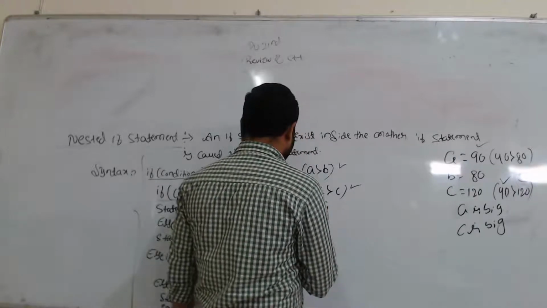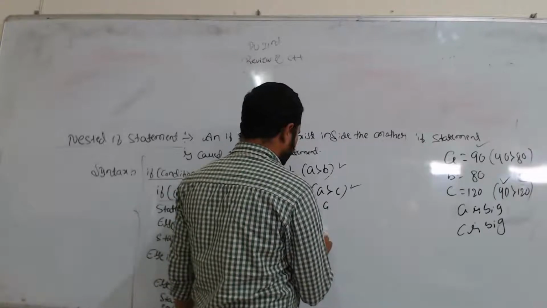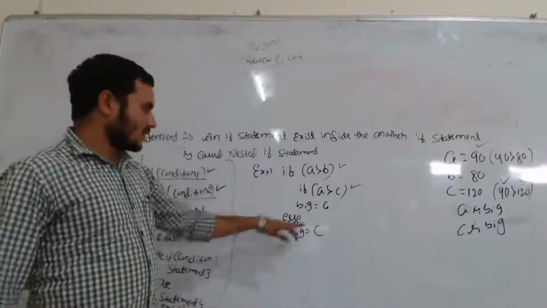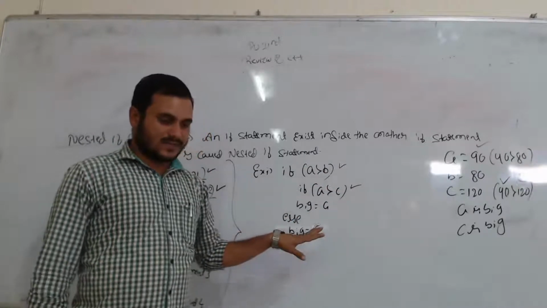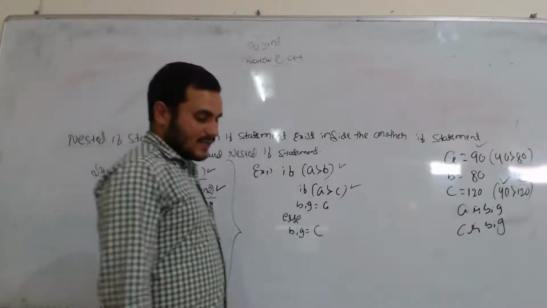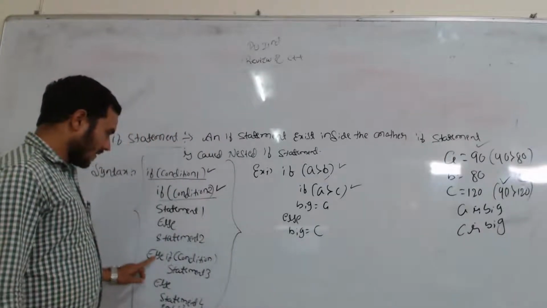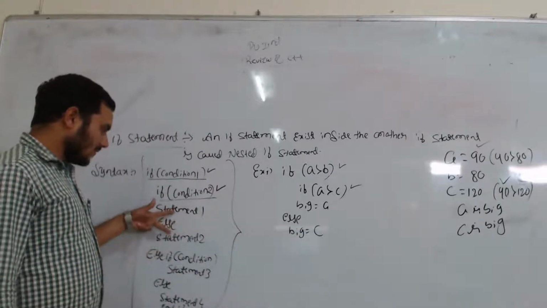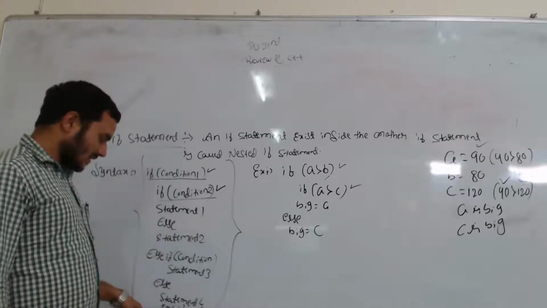So big is equal to A, else big is equal to C. If A is bigger, big equals A, else C is big, big equals C. Then the second condition, else if condition, statement 3, statement 4.